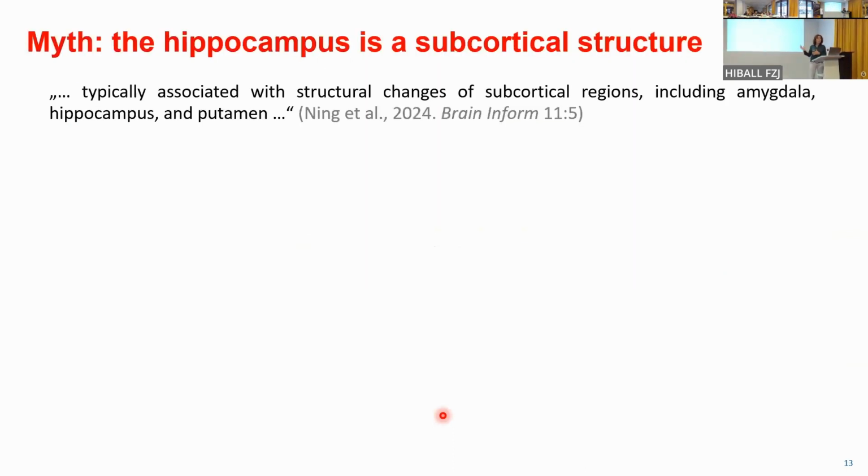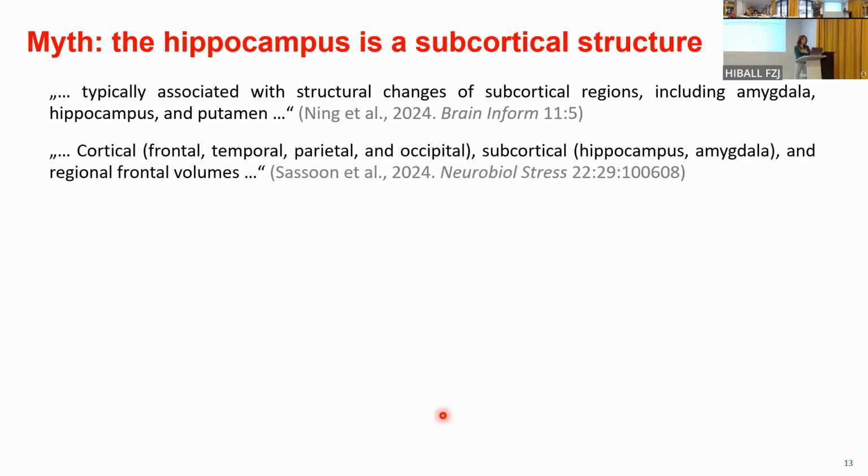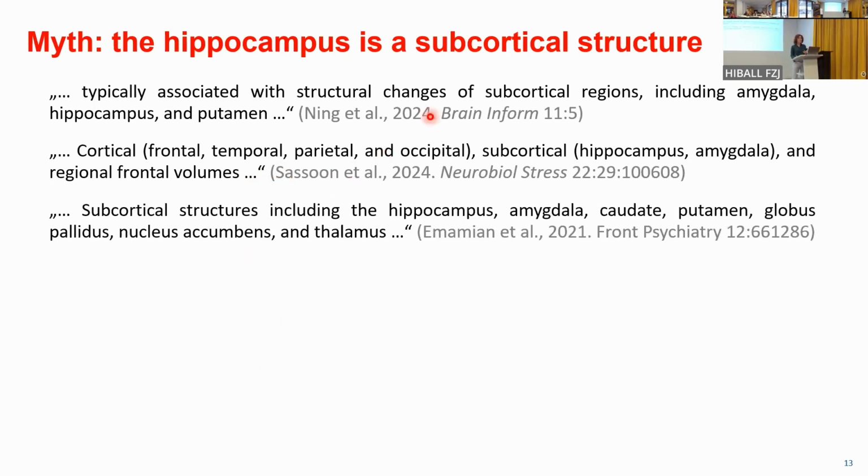So then you read that the hippocampus is a subcortical structure, which it isn't. And I've just got a couple of examples here, where you can see cortical, and then in brackets, frontal, temporal, parietal, and then subcortical, and you've got the hippocampus with the amygdala together as a subcortical structure. And this is a very new article. This one was published in 2024.